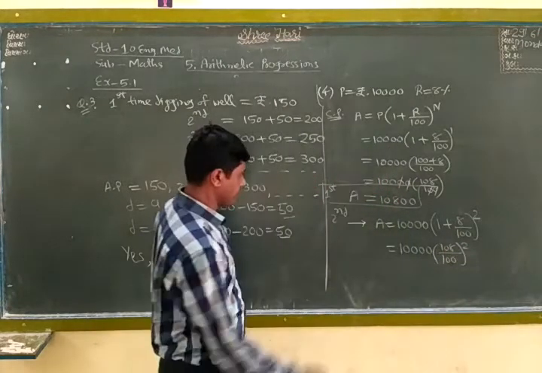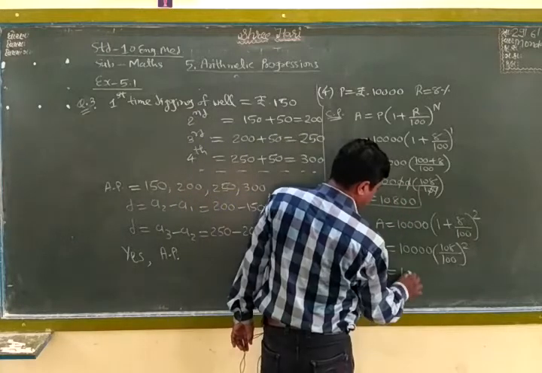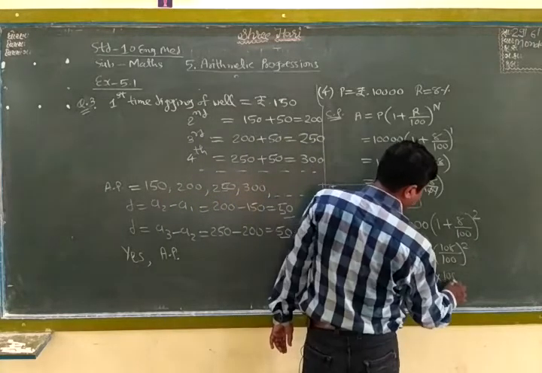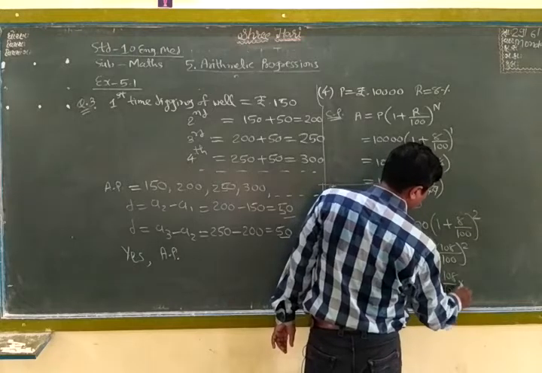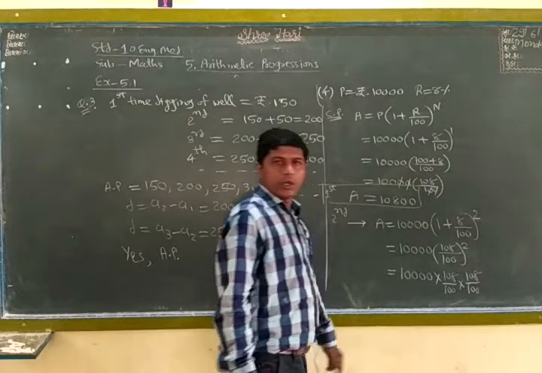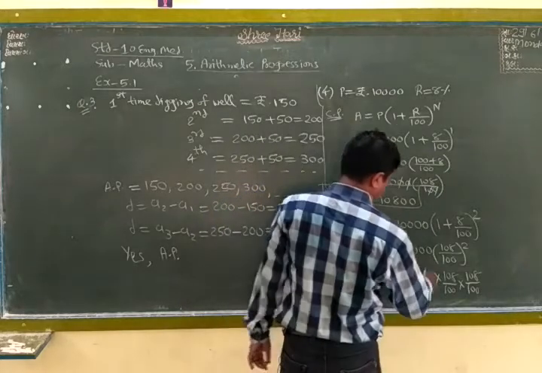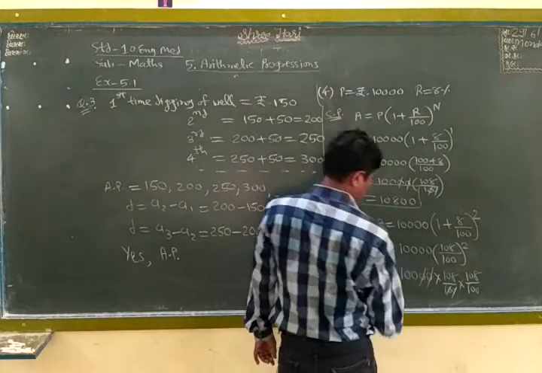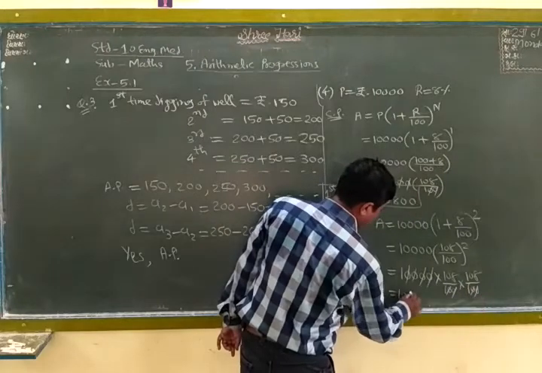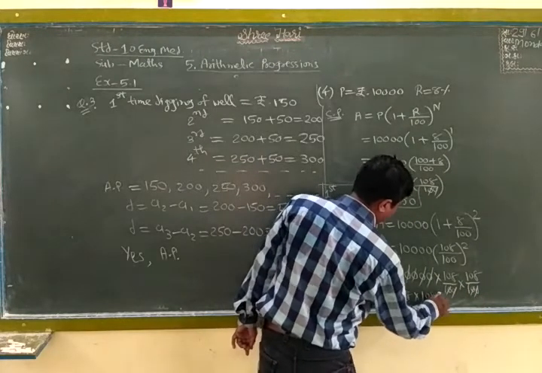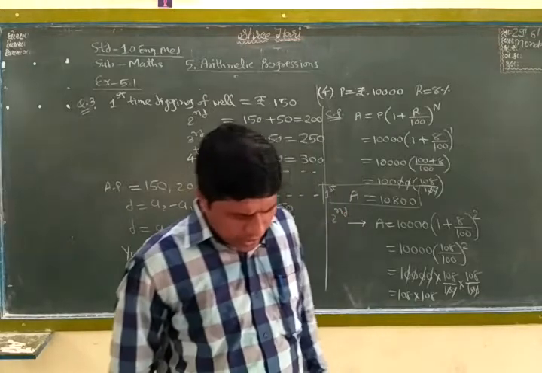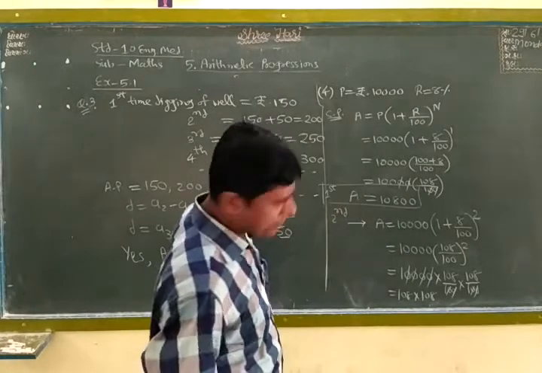Okay, so what happened? 10,000, 108 by 100, 108 by 100. Now we cut. What happened? So 108 into 108. So A is given here.